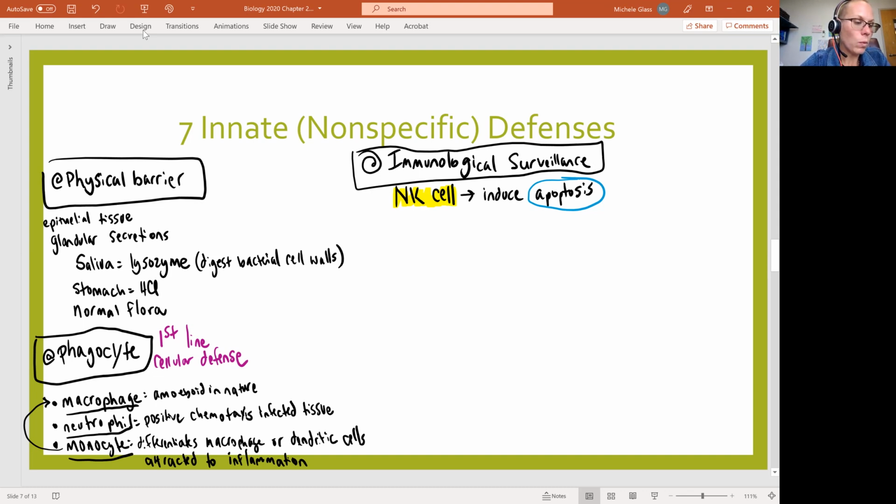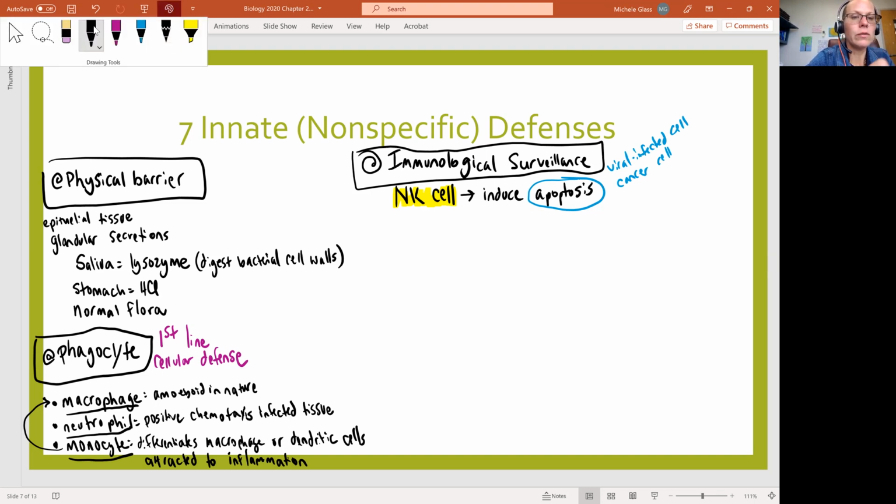Now, what kind of cell wants to do this? This is happening if you have a virally infected cell and some of your cancer cells. So the NK cell is recognizing a virally infected cell, or it can recognize some of your cancer cells. Now there are two different things the NK cell can do.